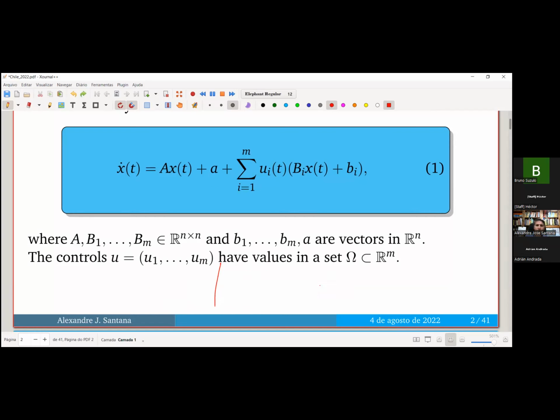For example, if you consider just the ordinary equation AX, then in this case the dynamics of the solution is not controllable.